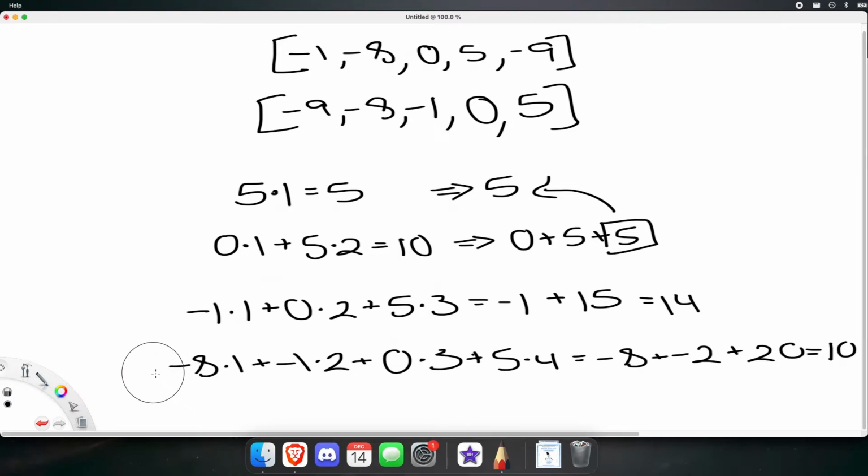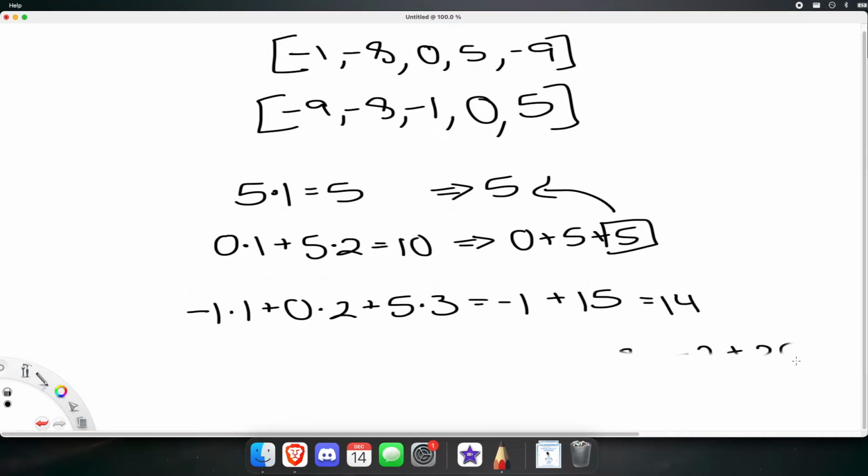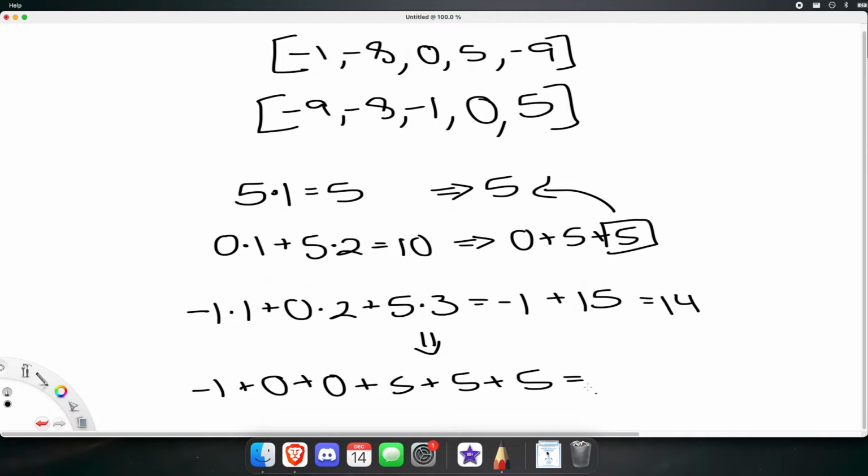Now let's see. I'm going to erase this last one since it didn't really help. Let's see if this pattern continues. I'm going to go ahead and draw this right here. This -1, we're just adding once. So it's -1 plus 0 plus 0, then plus 5 plus 5 plus 5. Well, these two 5s came from over here, the last one.